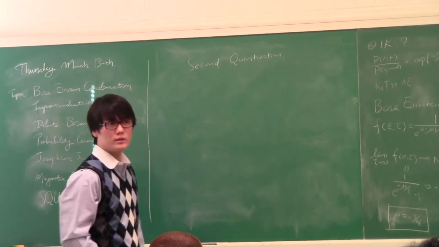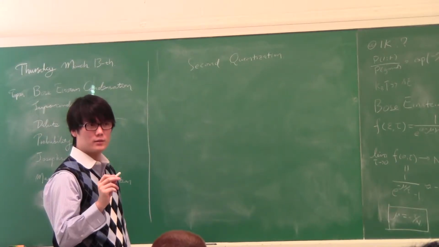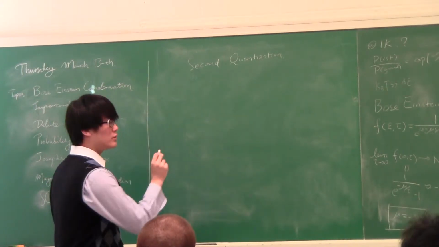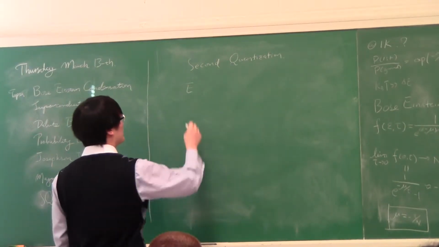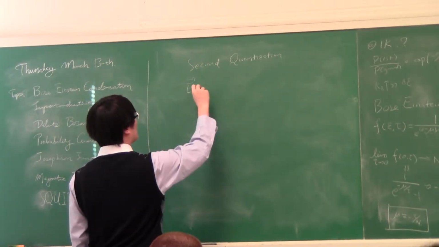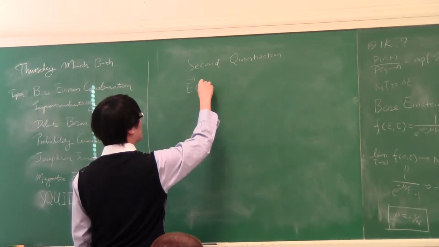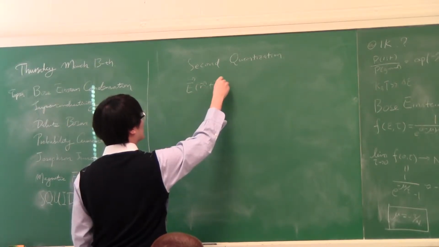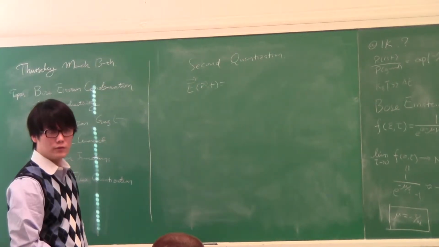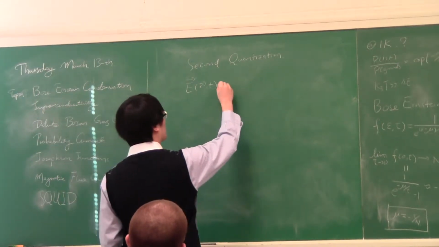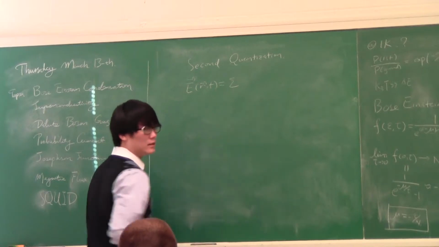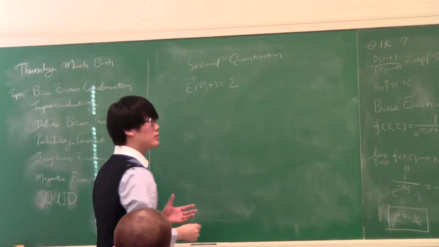In the previous lectures, when you quantized the classical electromagnetic field, what did you do? You took the electric field, a vector as a function of position and time. First you did the Fourier transform. Let's think about a finite volume, so the modes are discretized.